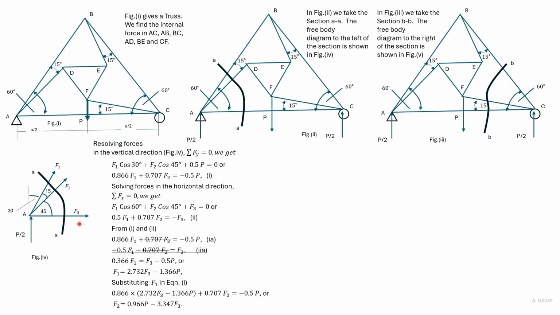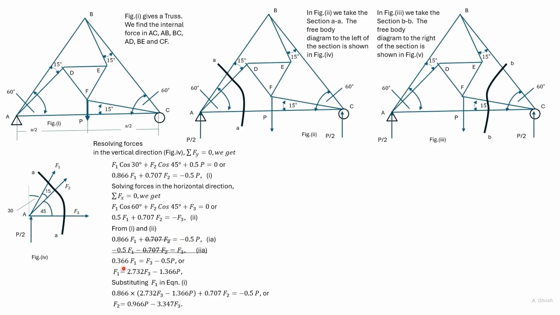Substituting the cos values in these two equations, we get equation 1 and equation 2. You notice that the coefficient before F2 in both equations 1 and 2 are the same. So to solve these two simultaneous equations, we multiply equation 2 by -1, as we can see here.